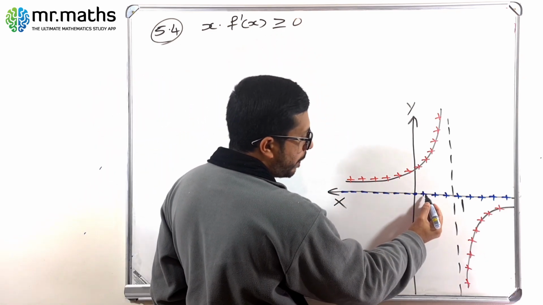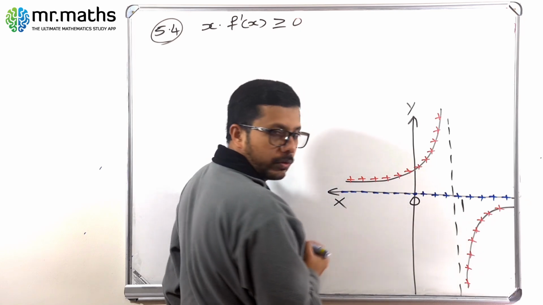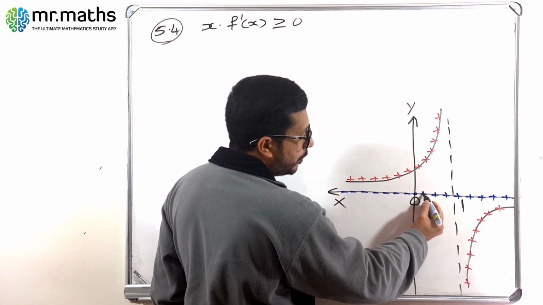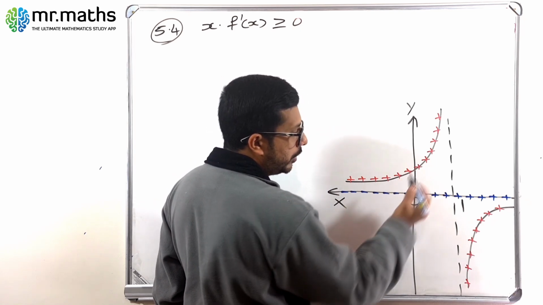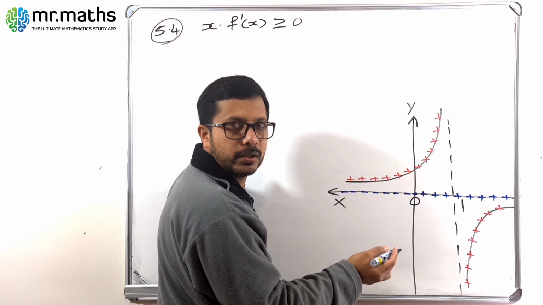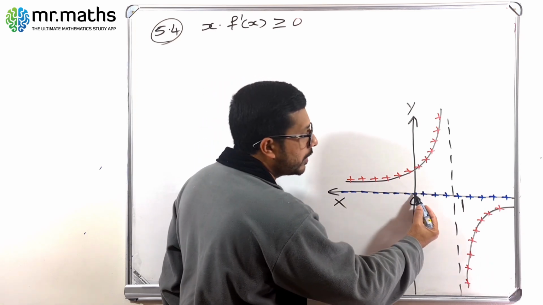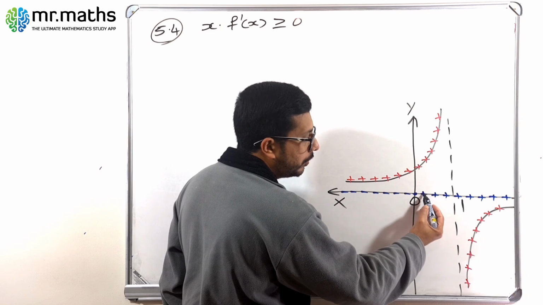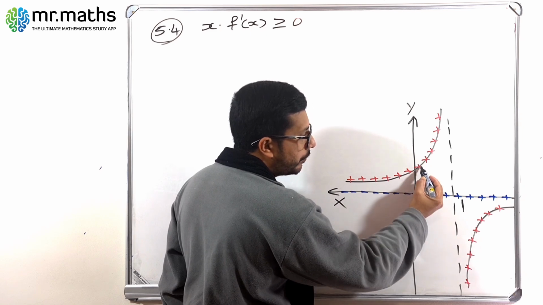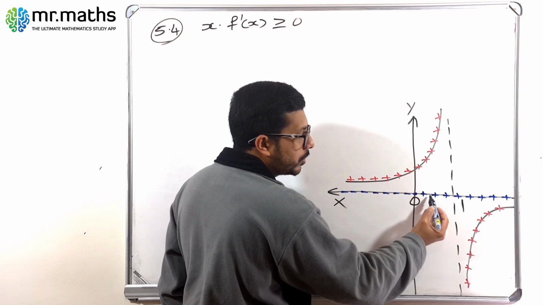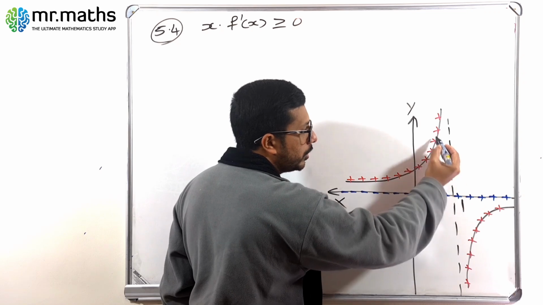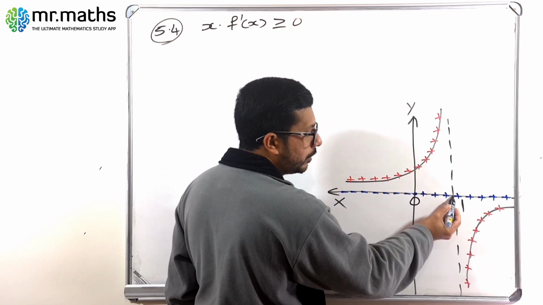What about here? This is x equal to 0. Positive, positive, positive times positive is positive. So that is what we want. That means when x is greater than 0, if you multiply x and f dash of x, it is positive. Positive times positive, up to here.